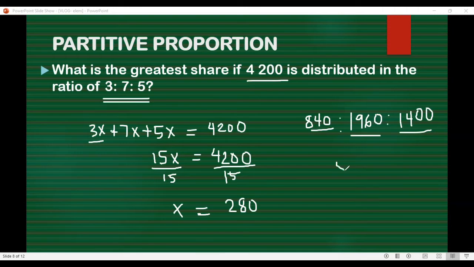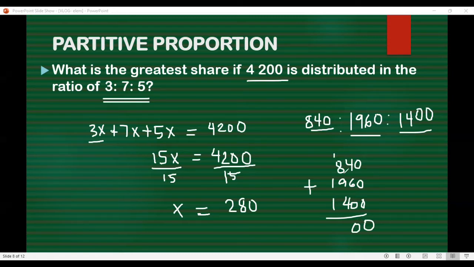So if you are going to check, you can just simply add 840, 1,960, and 1,400. And you will notice, if you sum up these numbers, 0, then you will have 10. We have to regroup 1.